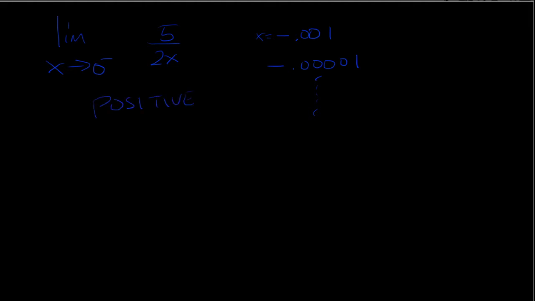Let's look at what happens if I approach it from the left. So if I have the limit as x approaches 0 from the left of 5 over 2x, this is really having x being a really small negative number like negative 0.001 or negative 0.0001, etc. And this is just a positive number over a small negative number.